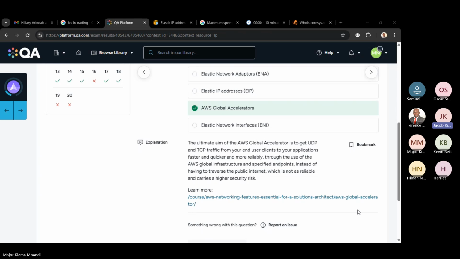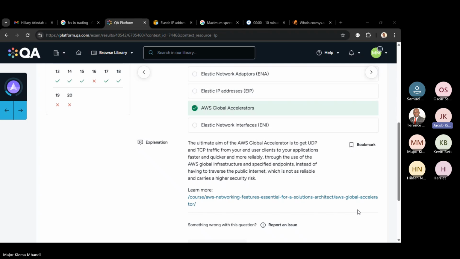Another thing is that with CloudFront, I'm caching data requested by the user, but with Global Accelerator, you're giving priority to traffic from specific users to a specific application. For example, if I'm in Uganda, instead of my traffic going through Kenya and different paths, with Global Accelerator I'm directed within AWS infrastructure.